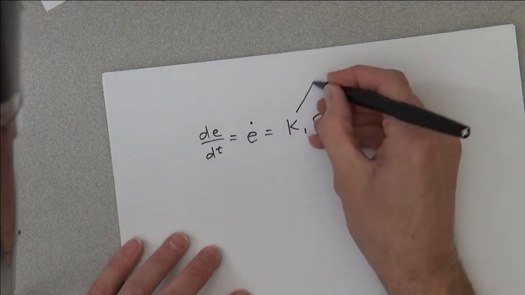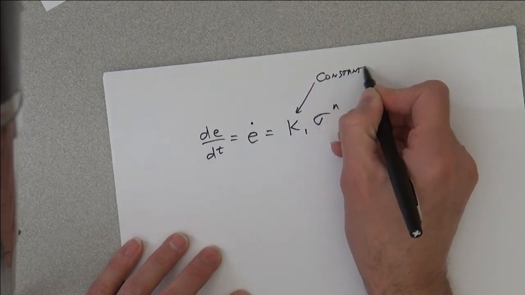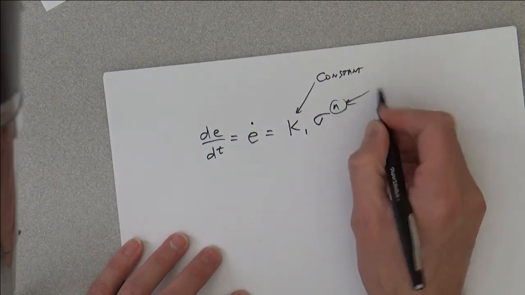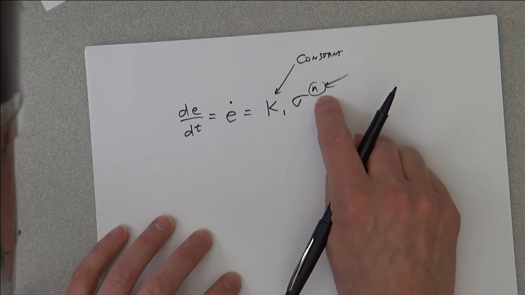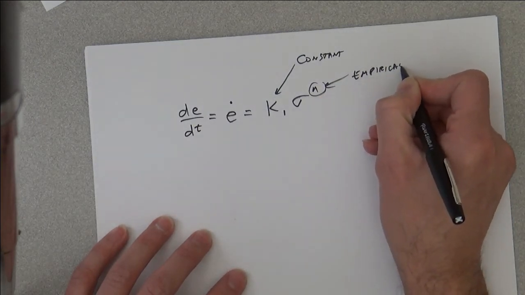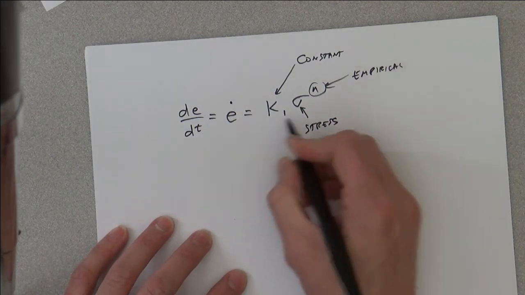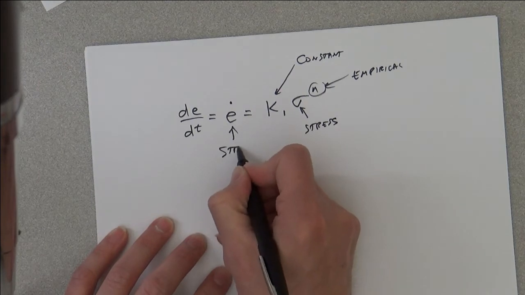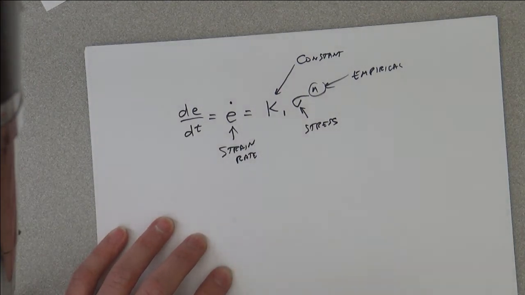So this would be some constant, and that is our empirically determined exponent, and that is our stress. Okay.